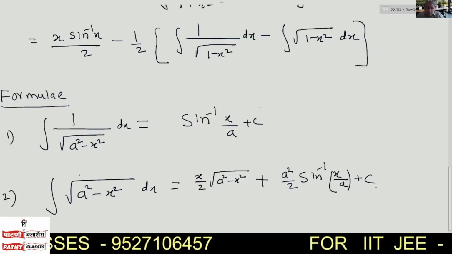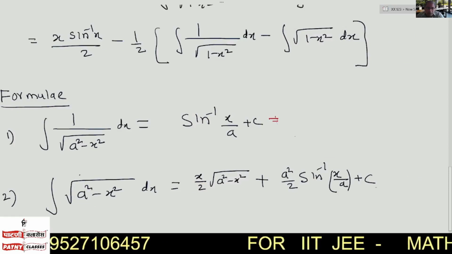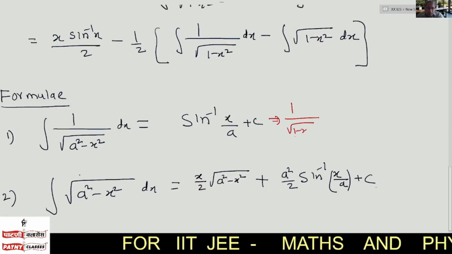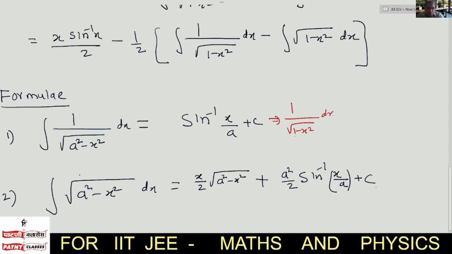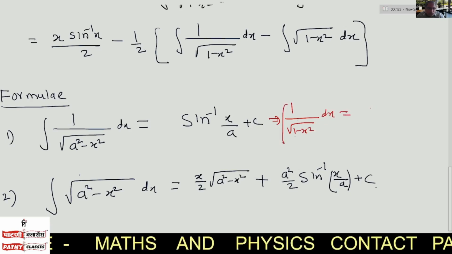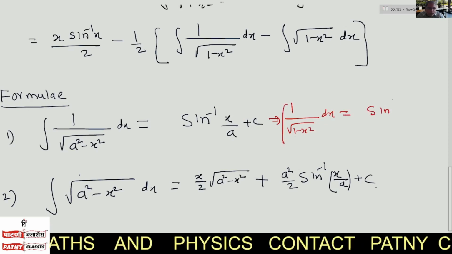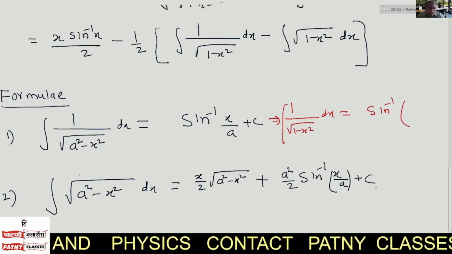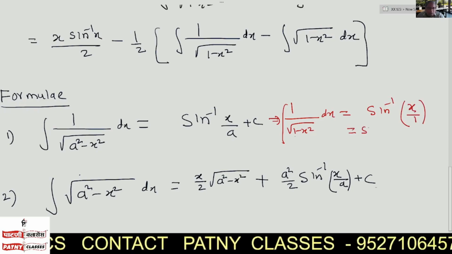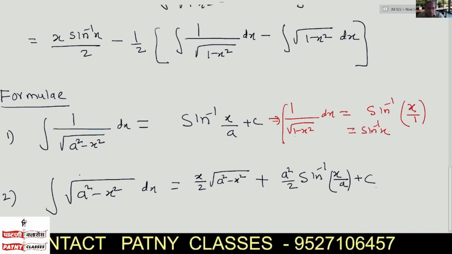Therefore, integration of 1 upon under root of 1 minus x square with respect to x equals sine inverse of x upon a, x upon 1, equals sine inverse x.